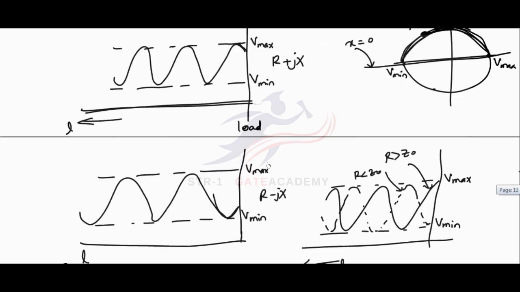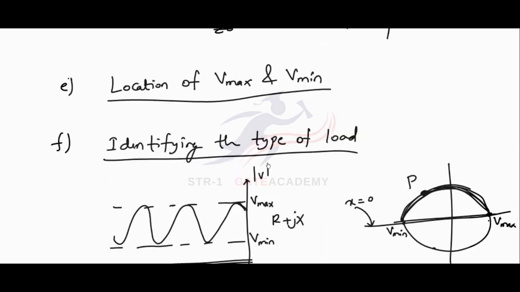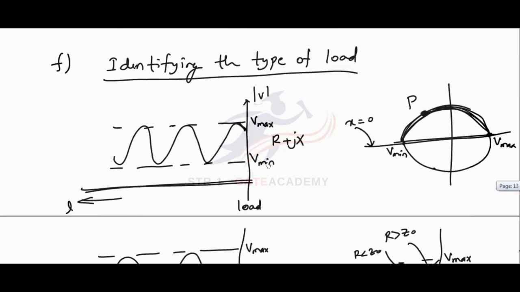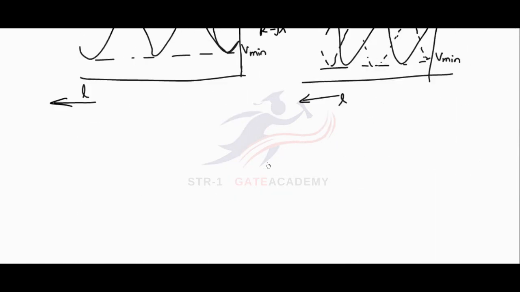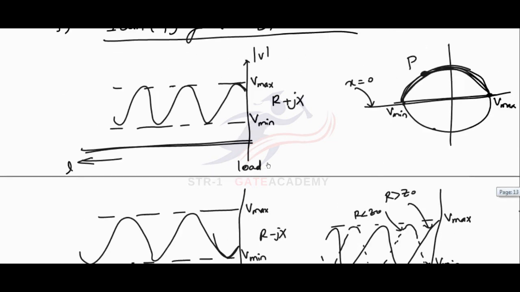If the load is short circuited, then we know that this Vmax point itself denotes the short circuited load, and therefore you will obtain Vmax first. But what is the difference between a purely resistive load, a purely reactive load, and the load with R plus jX?